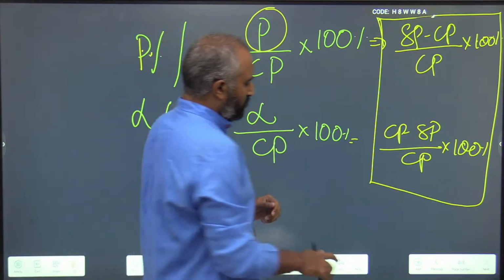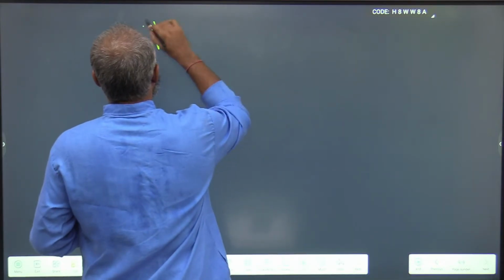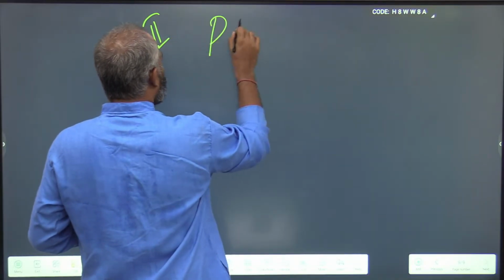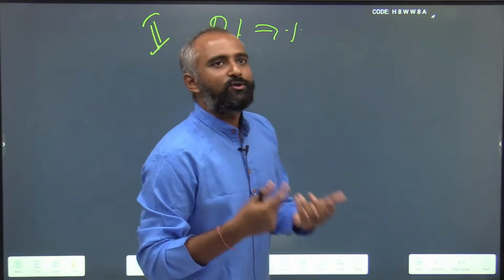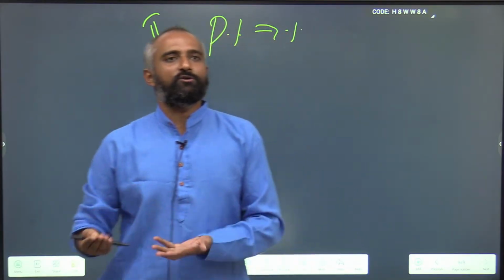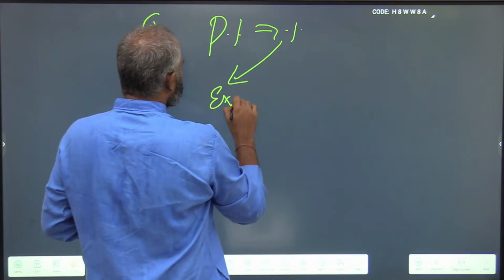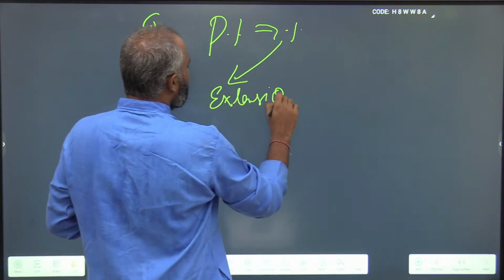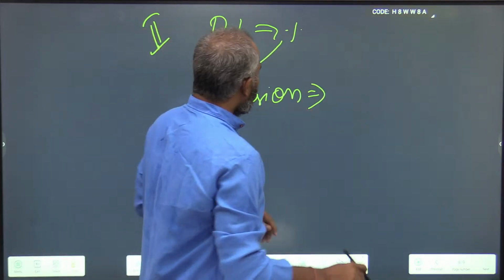But our way is this: because profit percentage is a percentage only, percentage being applied to money is nothing but profit and loss. So can I see this as an extension of percentage? That means I can use whatever I used in percentages.